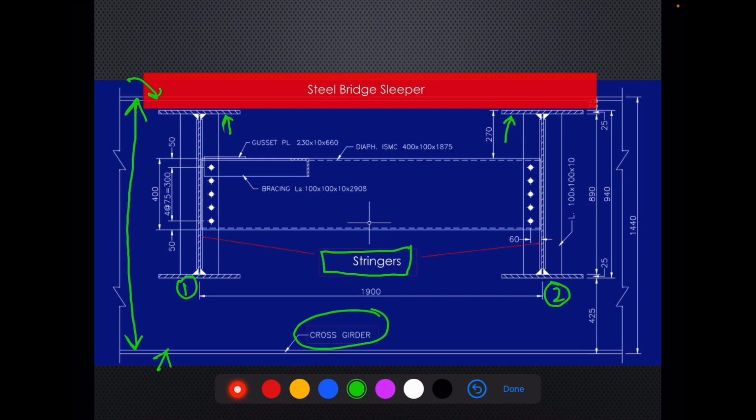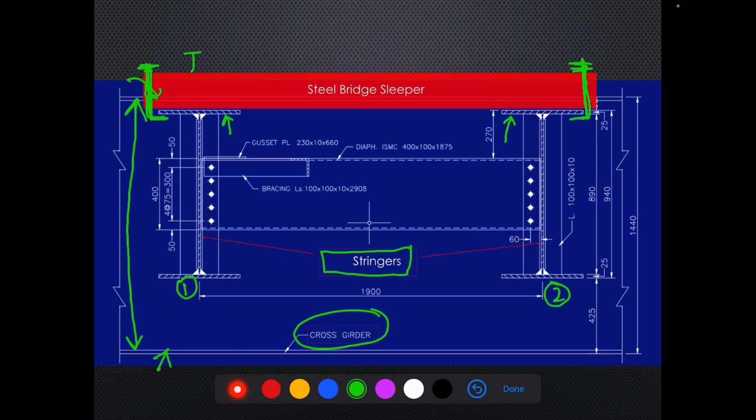Then we provide a hook bolt like this which holds these sleepers tightly on the stringers. Then fastenings are provided over here in the form of nuts, and this is how we secure these steel bridge sleepers over the stringers.